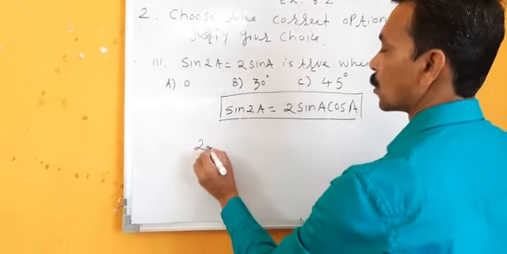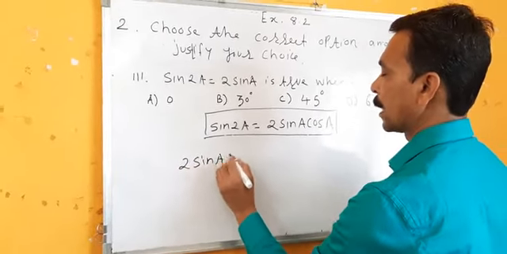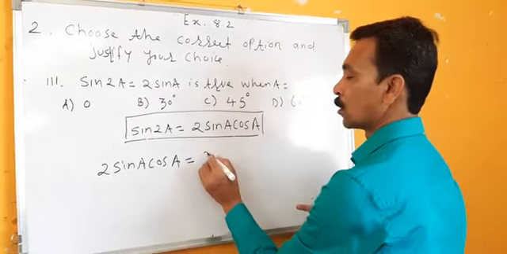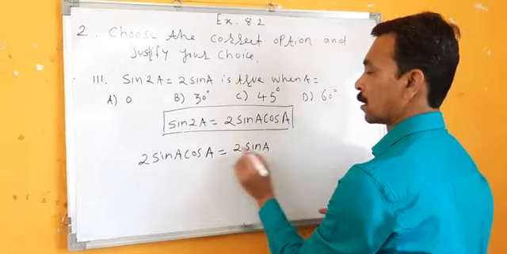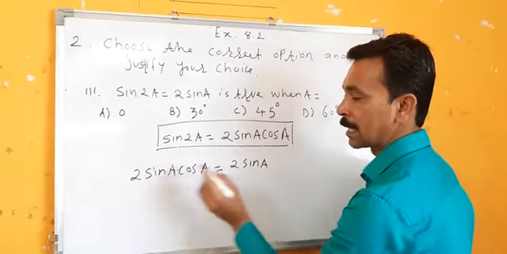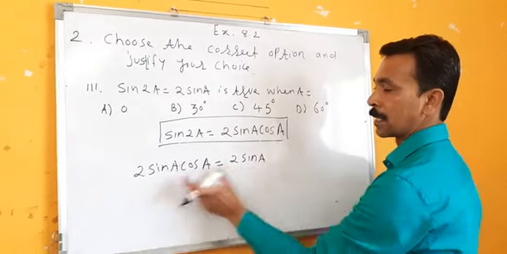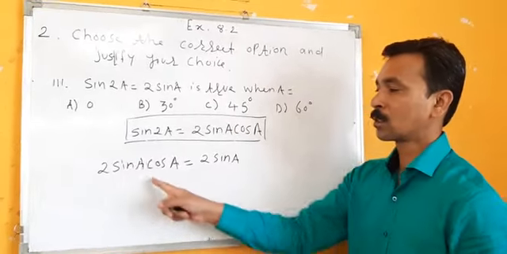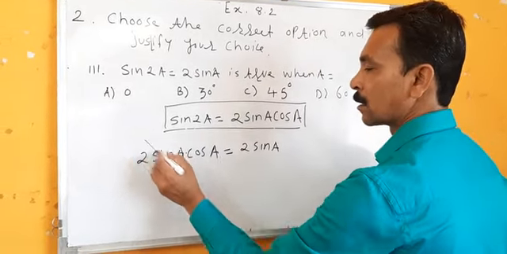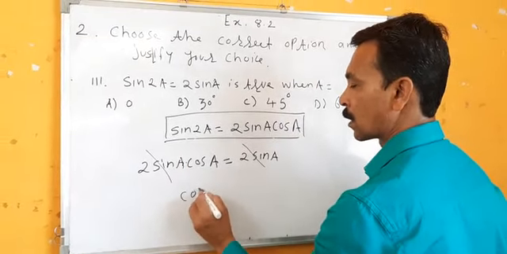So it becomes 2 sin a cos a is equal to, what is the right hand side? 2 sin a. This 2 sin a gets cancelled, right? What is left?